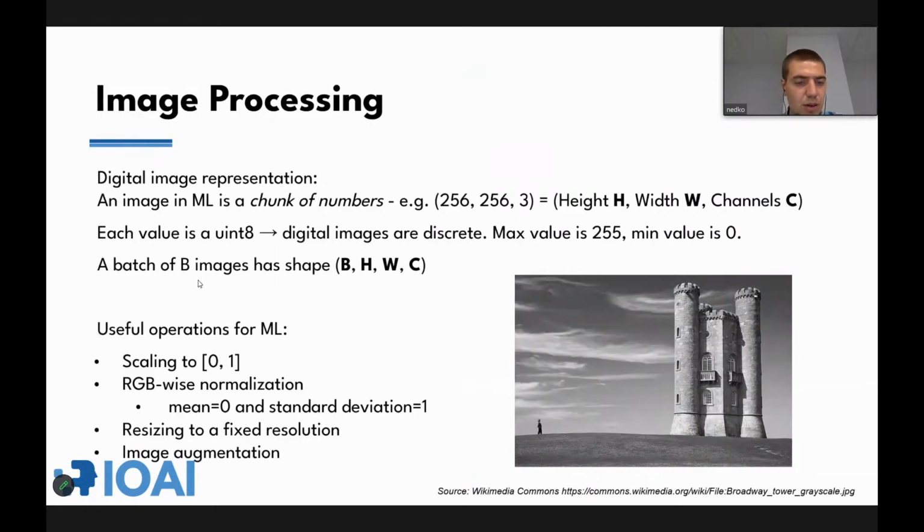In addition, we will have to do some operations on this image to prepare it for input to a network. We usually scale from 0 to 255 to 0 to 1. And then we do some sort of normalization, which we call input normalization.